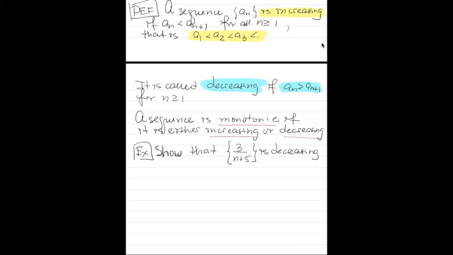So we take the nth element. Then we take the next one, the n plus 1 element. That'll be 3 over n plus 5 plus 1, which is 3 over n plus 6. We can clearly see that the first one is bigger, right? Because if the denominator is small, then the fraction is bigger.